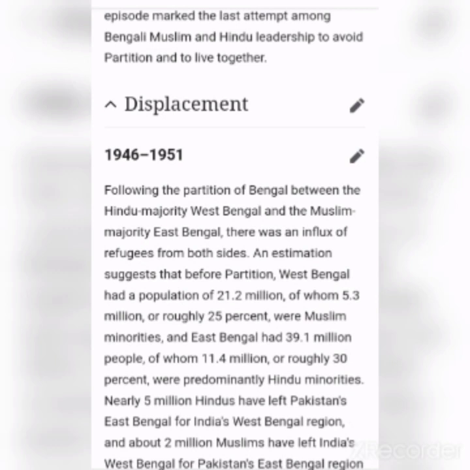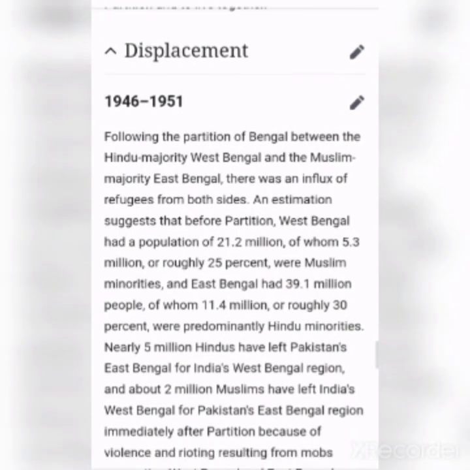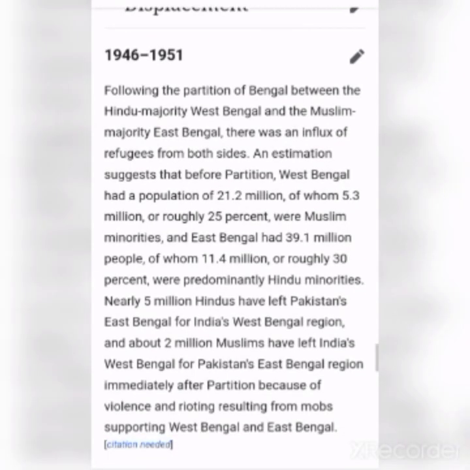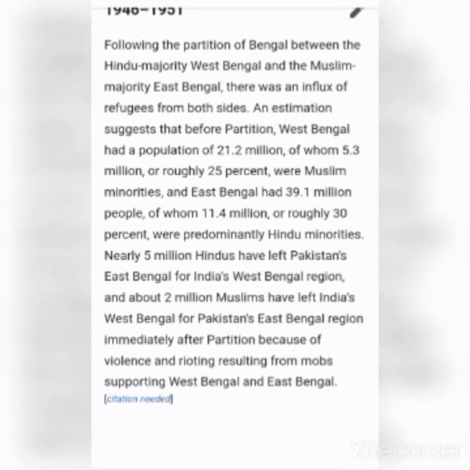Estimation suggests that before partition, West Bengal had a population of 21.2 million, of whom 5.3 million, or roughly 25%, were Muslim minorities, and East Bengal had 39.1 million people, of whom 11.4 million, or roughly 30%, were predominantly Hindu minorities.